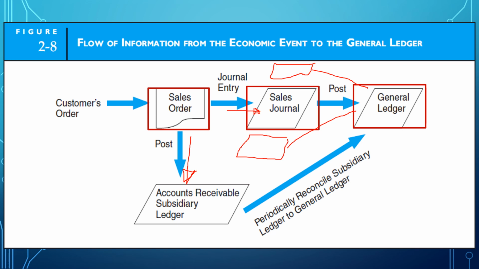Okay, so in this cycle, all of these account records provide an audit trail for tracing the account balances contained in the financial statements back to the source document and even the financial events.